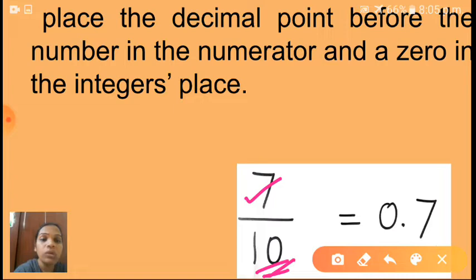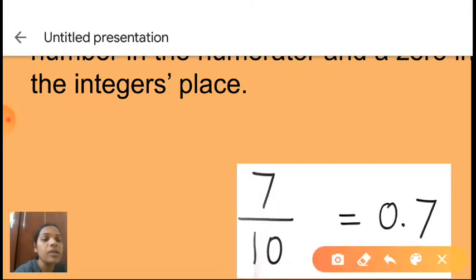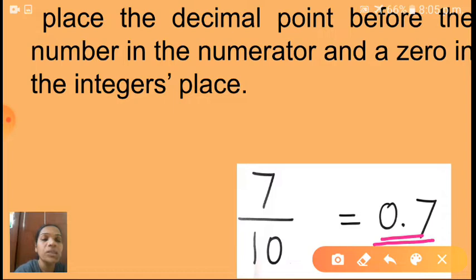So what do we have to do, children? Before the numerator you have to put a decimal point. So here I put the decimal point. And before the decimal point you have to write 0. Once again, the decimal point goes before the number in the numerator, and a 0 in the integers place.